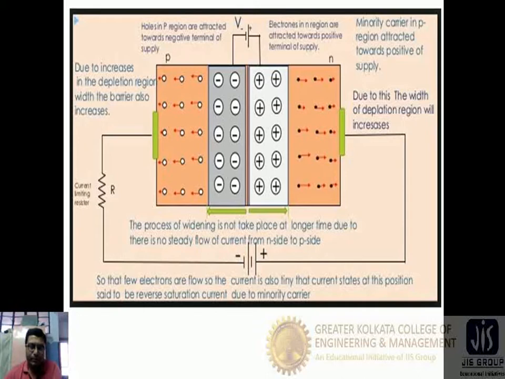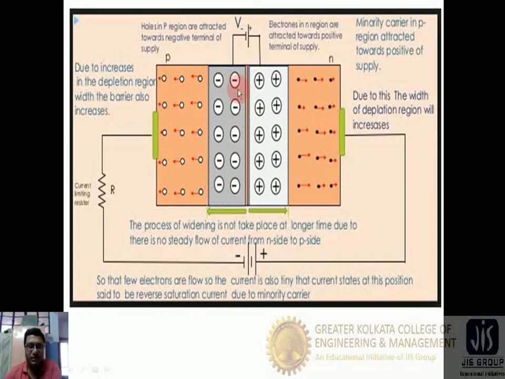If we plot the potential in the depletion region, on the N side the electrons are the majority carriers but the holes are the minority carriers, so there are a few holes present in the depletion region. And on the P side the electrons are the minority carriers, so there are electrons present on the P side.